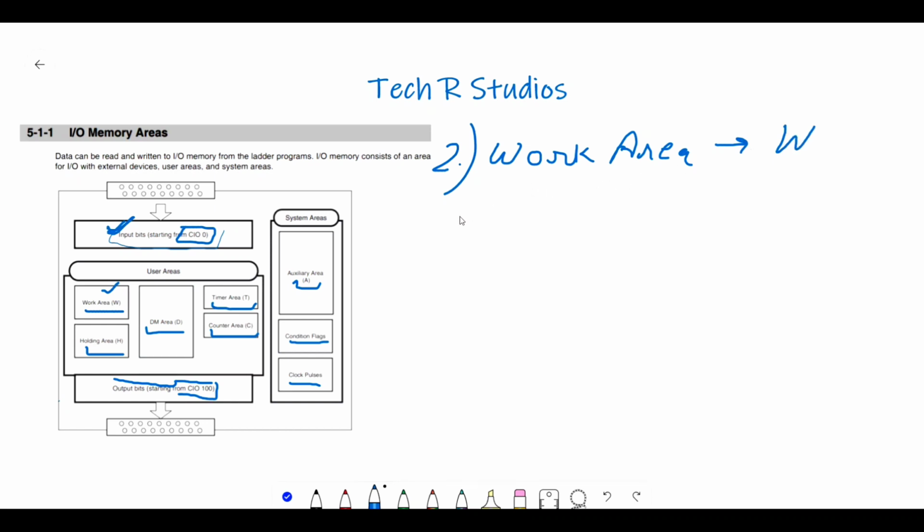So how do we write it down? First of all, we write the letter W, the letter used to represent this memory. Then the word address, let's say it's 0.